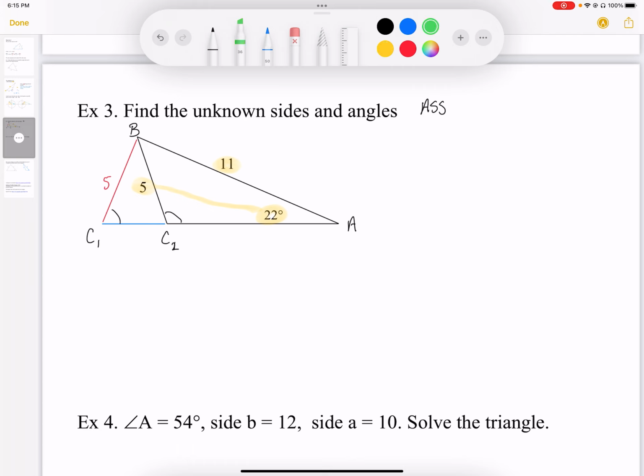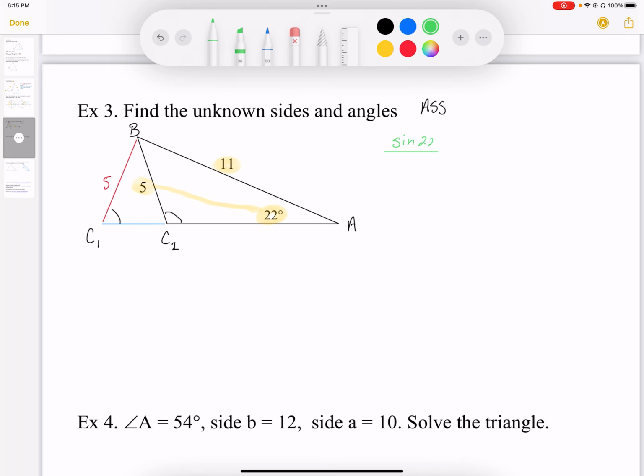So I'm going to have sine 55 degrees over 5. So it's not sine 55, but sine 22 degrees. My mistake.